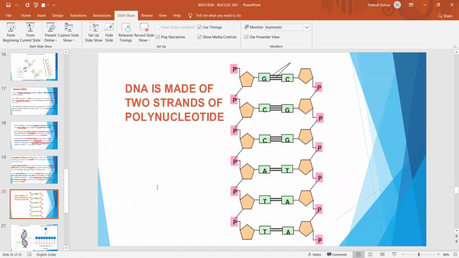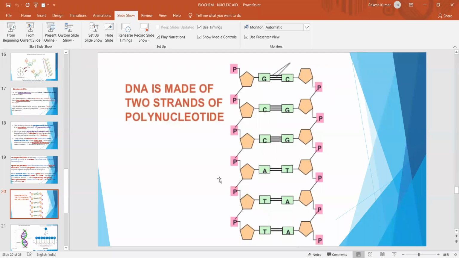Here you can see in this diagram that there are backbones of phosphate and sugar of both the strands. Both are in anti-parallel direction. That is, this is the 5 prime to 3 prime direction, whereas this strand is in the 3 prime to 5 prime direction.